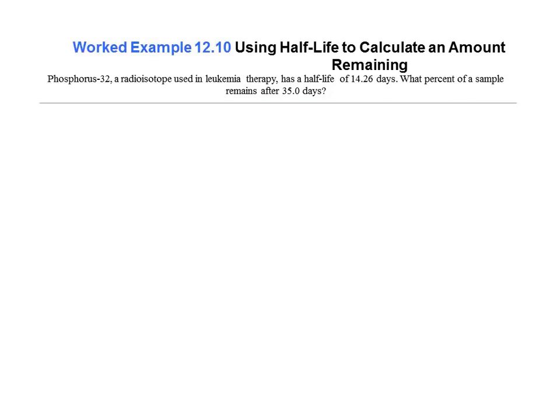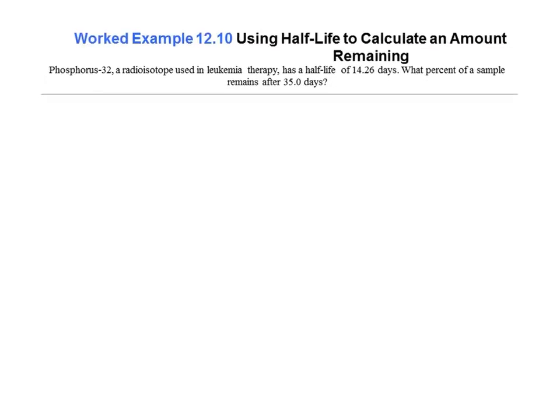I like this problem. Let's take a look. Phosphorus-32 has a half-life of 14.26 days. What percentage of a sample remains after 35 days? Well, what we're going to do is assume an initial amount of 100, and we're going to want to solve for A sub t.